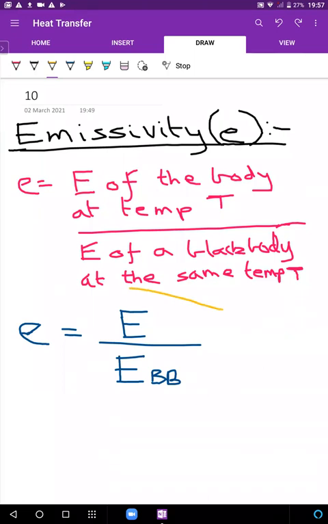So this is going to be a ratio less than or equal to 1. In some time we'll explain and prove that. For now, just note this down. This is what emissivity is. Someone is asking, is this the reason why people advise not to wear black clothes when it's hot outside?